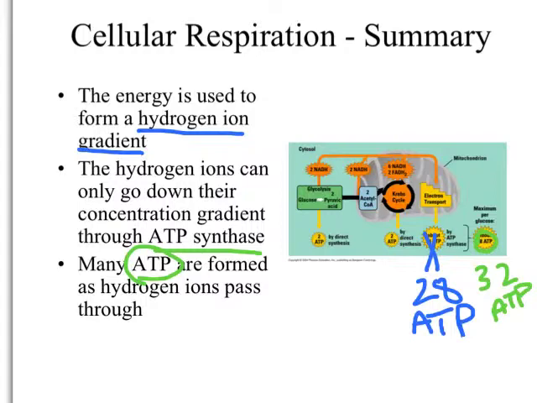So there's a discrepancy there as to what scientists are agreeing upon. But for you guys, test-wise, knowledge-wise, know that it's a lot of ATP. It's 32, okay? 32 per glucose molecule. So one glucose molecule is broken down, and in the process, we make 32 ATP.